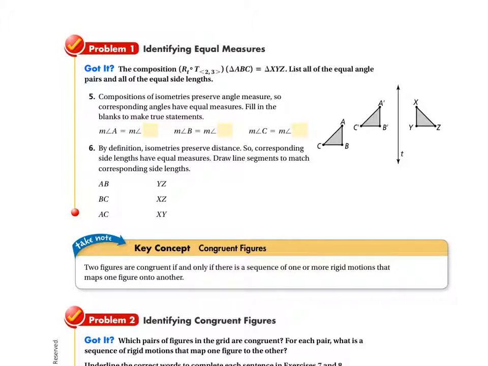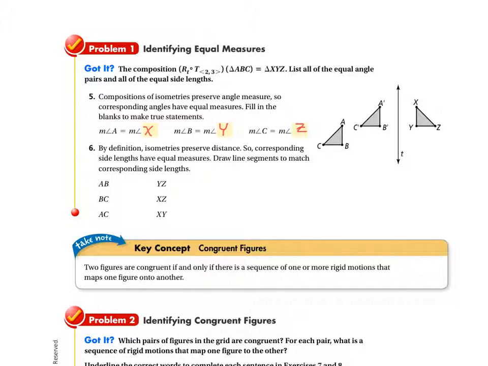So compositions of isometries preserve angle measures, so corresponding angles have equal measure. Fill in the blanks to make the true statements. So angle A corresponds to which angle? X. And angle B corresponds to Y. And angle C by a process of elimination, it must be Z. Also, by definition, isometries preserve distance, so corresponding side lengths have equal measures.